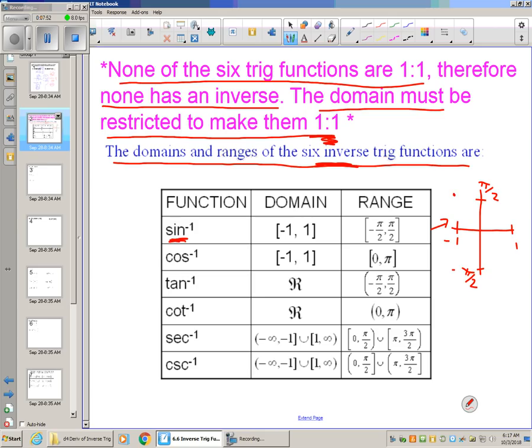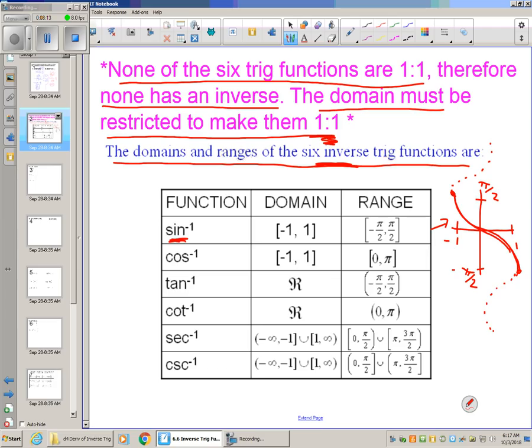And it looks something like this. Remember, we're just restricting what the graph would look like if it could go continuously, but we have to look at the restricted version. So there's our restricted graph.